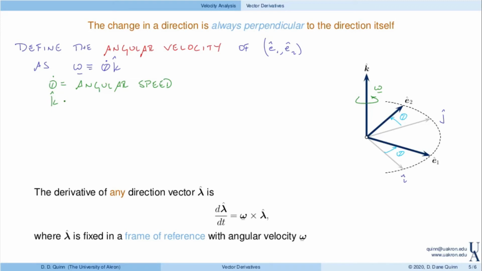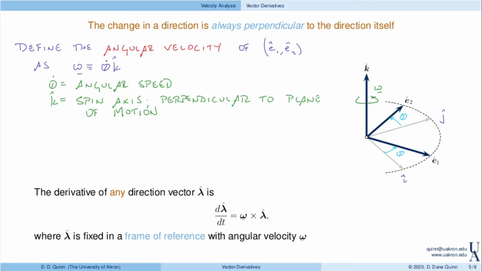And this direction k is the spin axis. If you have an object or a set of directions that are spinning, you can think about the direction about which things spin as the spin axis. And it's going to be perpendicular to the plane of motion, so if you think about the E1, E2 plane.